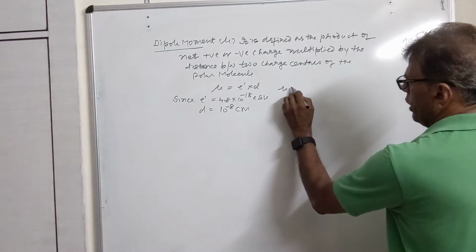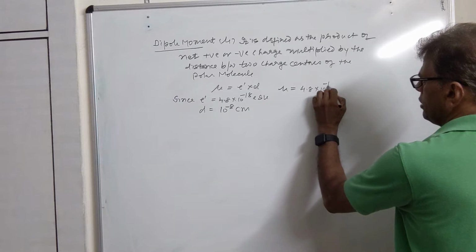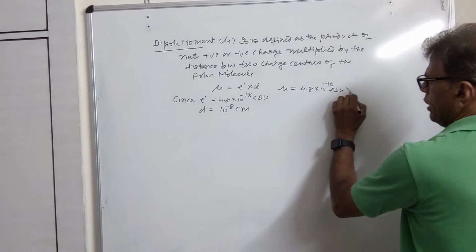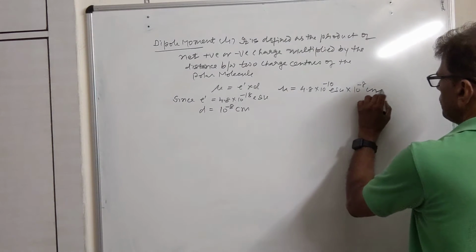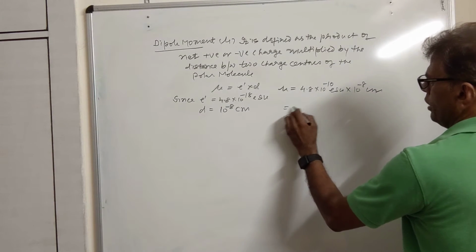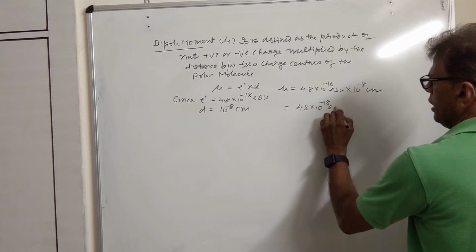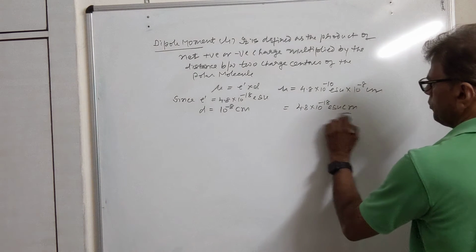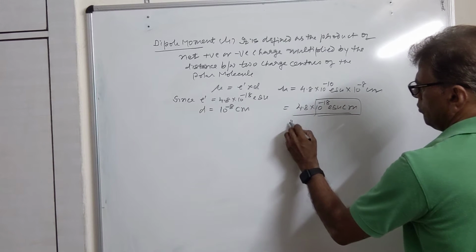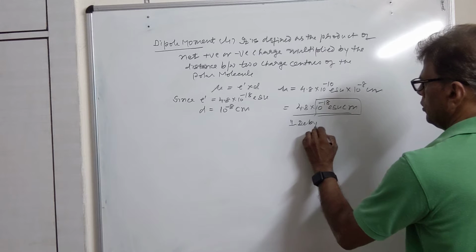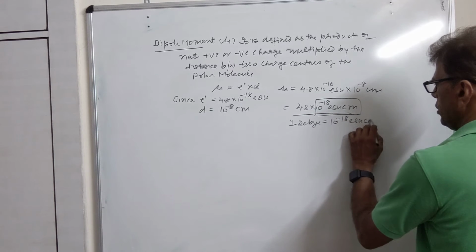Substituting these values, mu is equal to 4.8 into 10 raised to power minus 10 electrostatic unit multiplied by 10 raised to power minus 8 centimeter. So this comes out to be 4.8 into 10 raised to power minus 18 ESU centimeter. Now this is taken to be equal to 1 Debye, that is 10 raised to power minus 18 ESU centimeter.